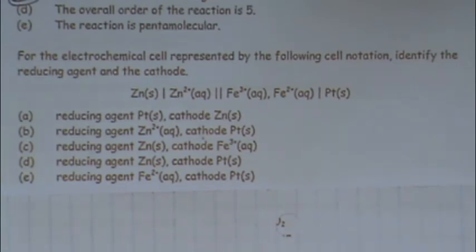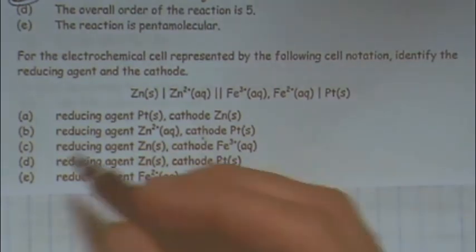Let's see, what does it say in the cathode? It doesn't say the cathode compartment, it says the cathode. When we use cathode, we mean the electrode. That's what we mean. So that means that we have the answer there, B.